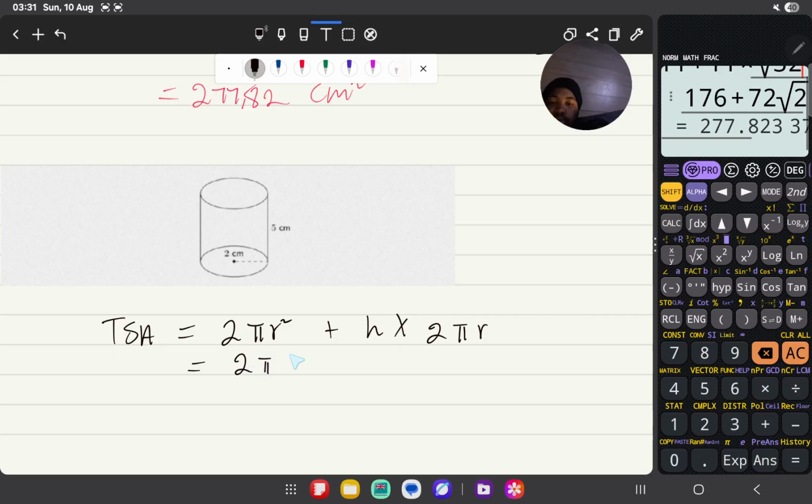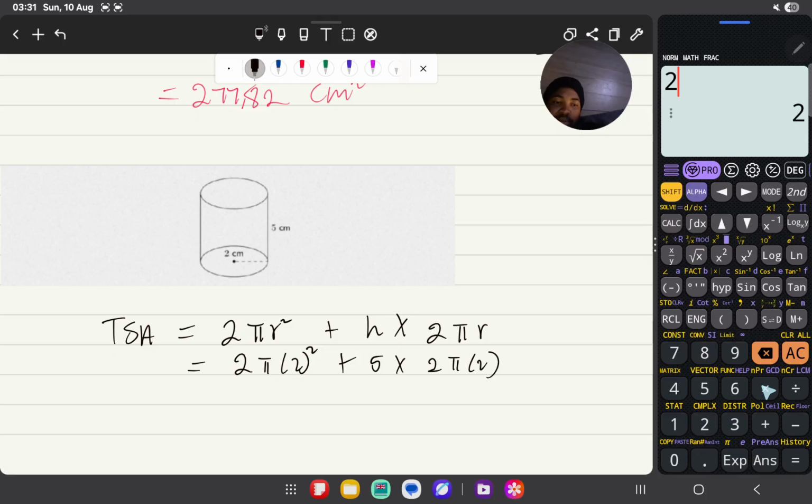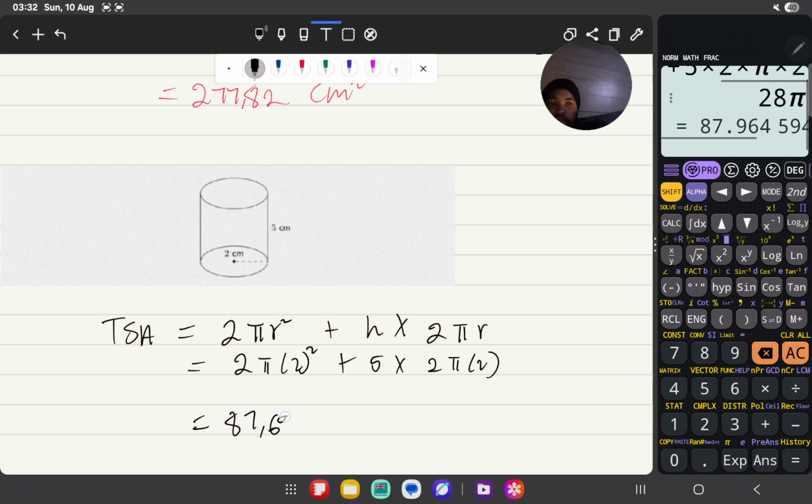So you have 2 times pi times 2 squared plus height, which is 5, times 2 times pi times 2, and that is 28 pi or 87.696 centimeters squared.